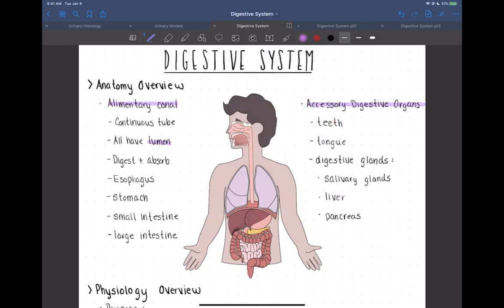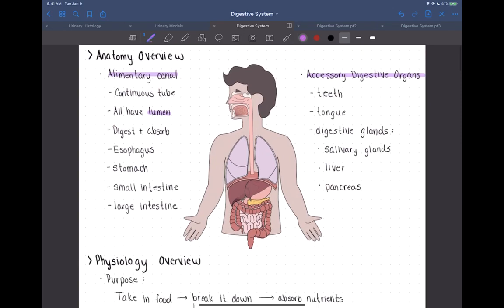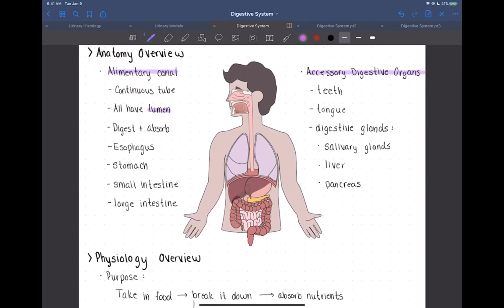All right, and so with the digestive system, we divide the organs into two different categories. They're either part of the alimentary canal or they're considered accessory digestive organs. The organs that are part of the alimentary canal are organs that food actively passes through.